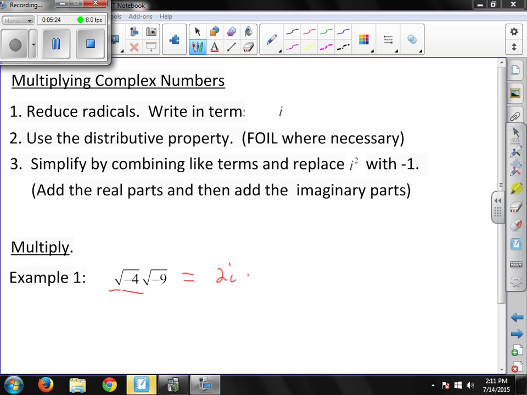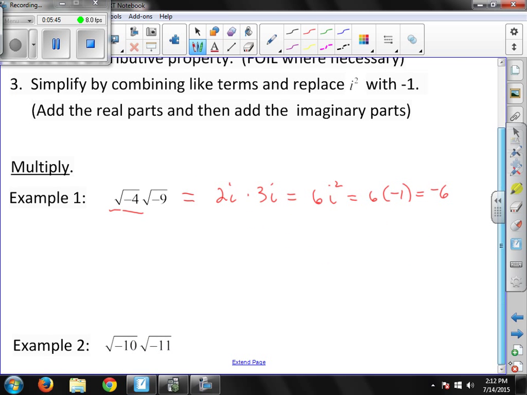My square root of negative 9 is 3i. I'm going to multiply my 2 times my 3 to get 6. i times i is i squared, and remember that i squared is negative 1. So I have 6 times my negative 1 to give negative 6 for my answer.